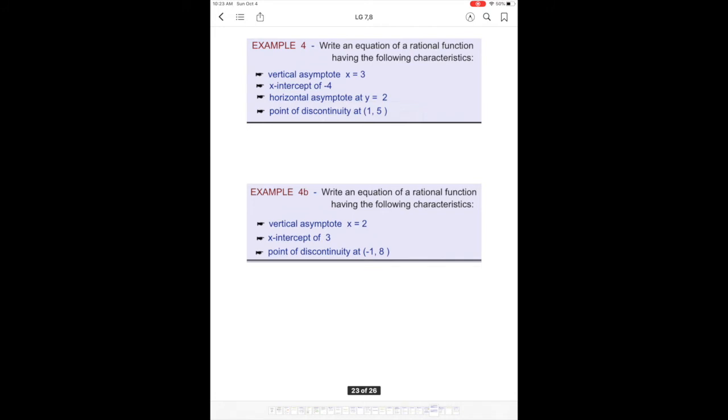All right, the next part we are going to write equations. Okay, so there's a little format that you should get the hang of when you're writing rational equations. This format helps me out. So I have an A, which is like a horizontal asymptote, so you can call that the horizontal asymptote.